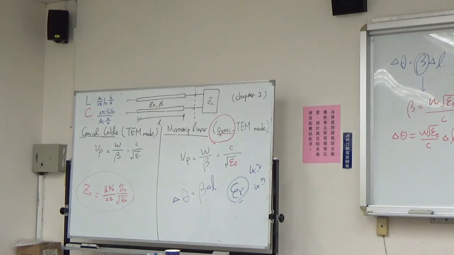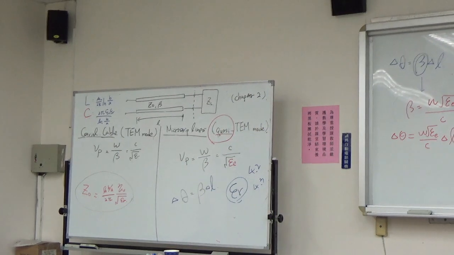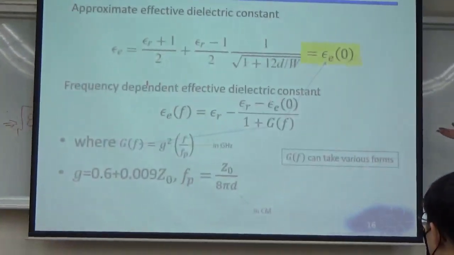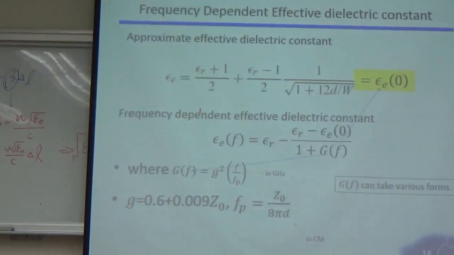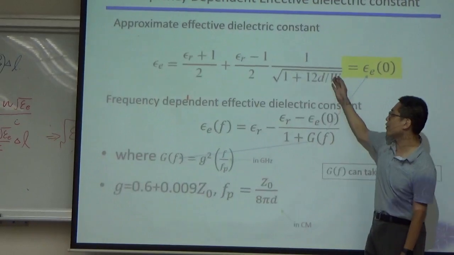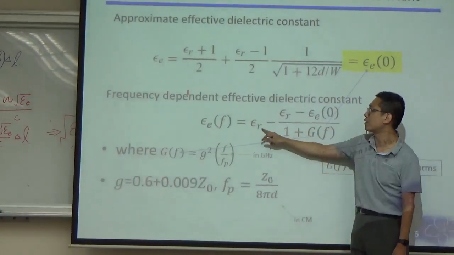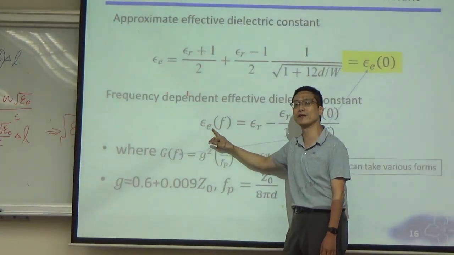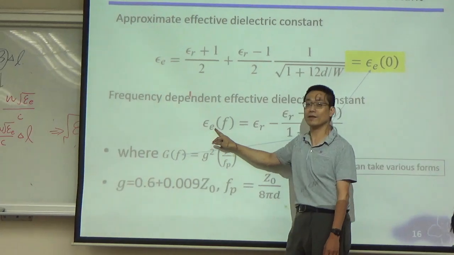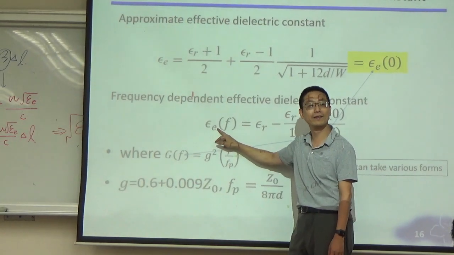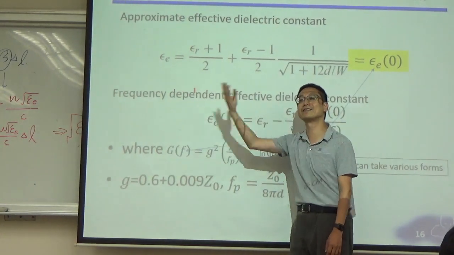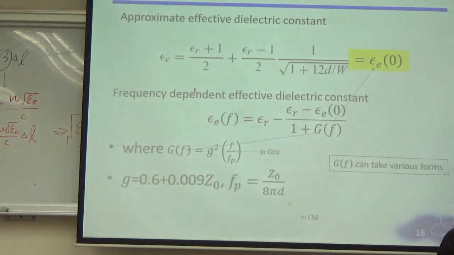Definitely not, because this equation is complicated, and it's impossible to solve for epsilon R when you find epsilon E. So another scientist gave you the solution.